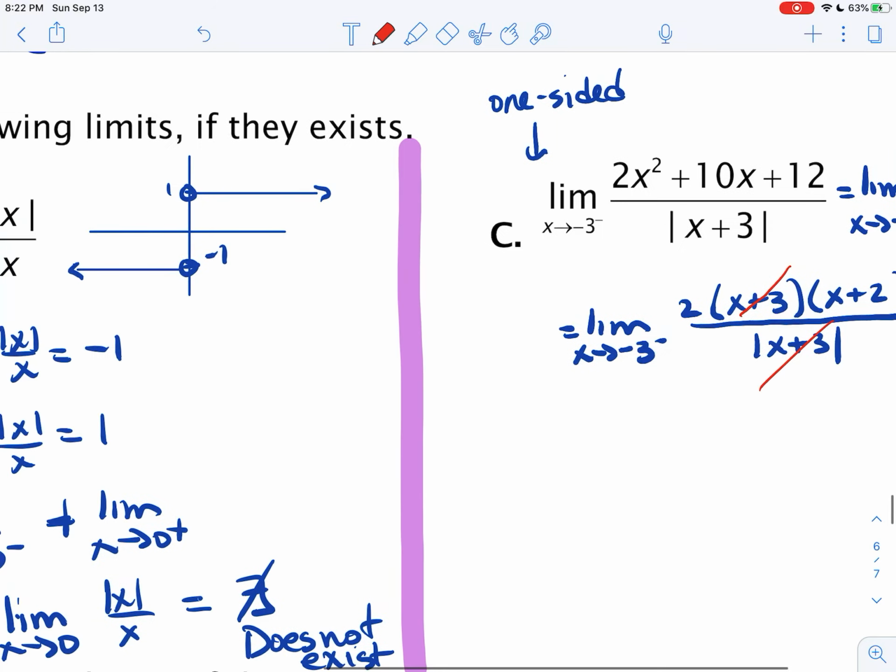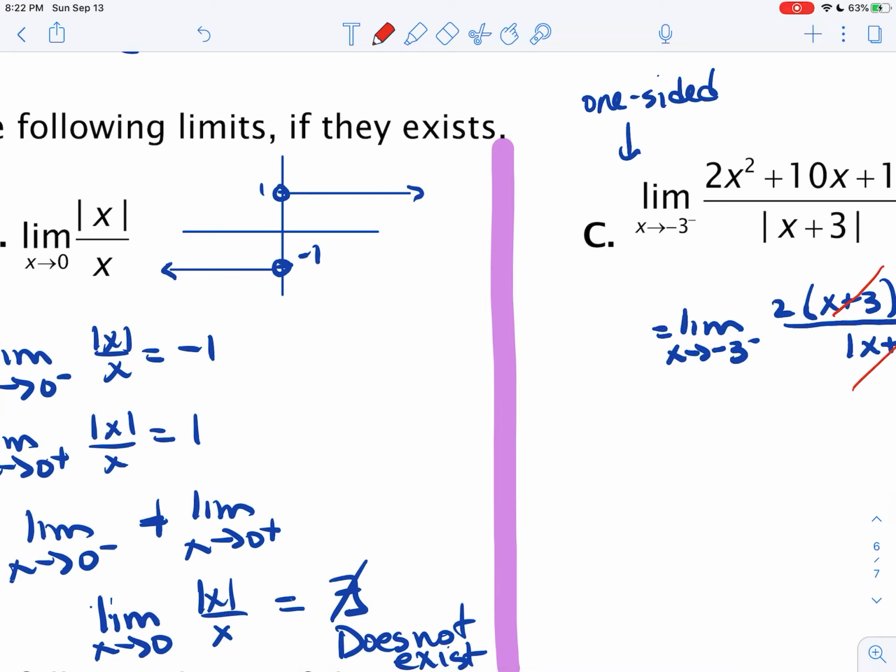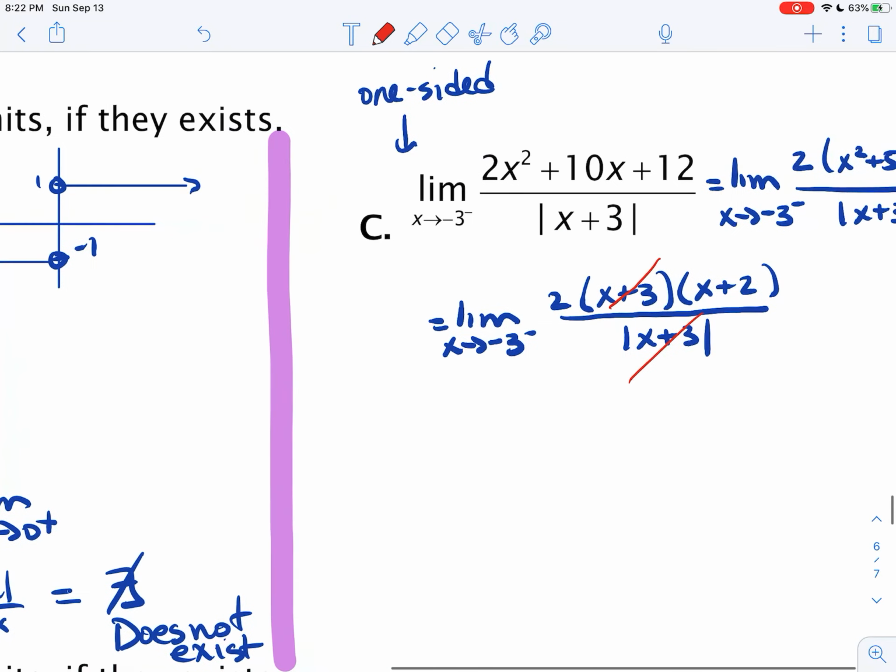So it's kind of the same exact expression as the absolute value of x over x, only we are shifting over to the left at negative 3, right? And if I'm approaching from the left, that means just think of values that are to the left of negative 3, so just pick one. Pick a test point that will actually give you something. So what is minus 4 plus 3?